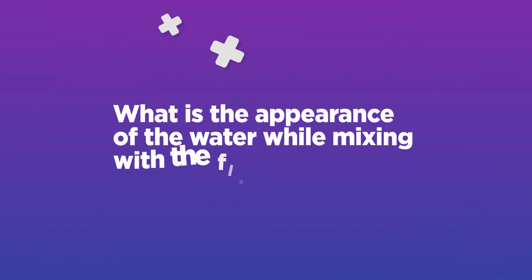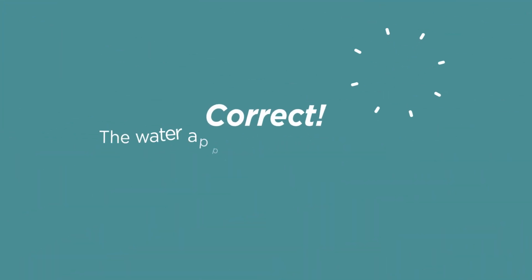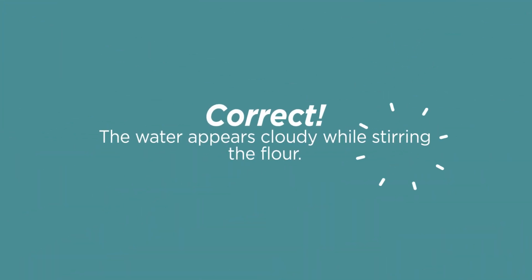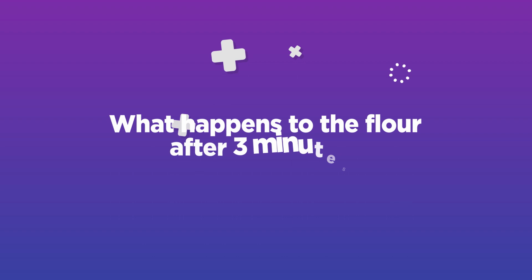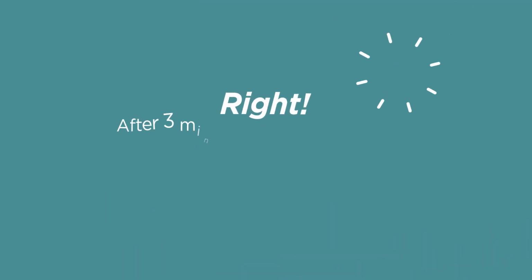What is the appearance of the water while mixing with the flour? Correct! The water appears cloudy while stirring the flour. What happens to the flour after 3 minutes? Right!